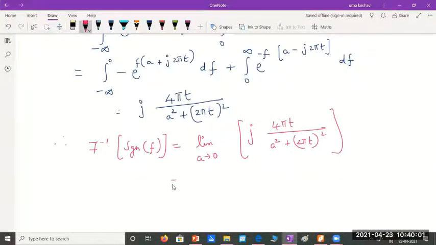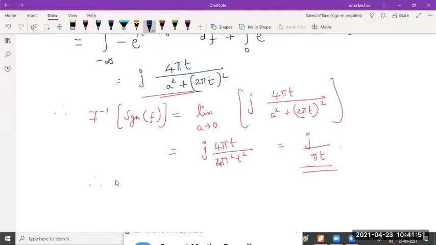Here if I put a as 0, what will I get? I'll get j 4 pi t divided by 4 pi square t square, or this will be j by pi t. 4 cancels out, just pi t remains in the denominator. It's right.